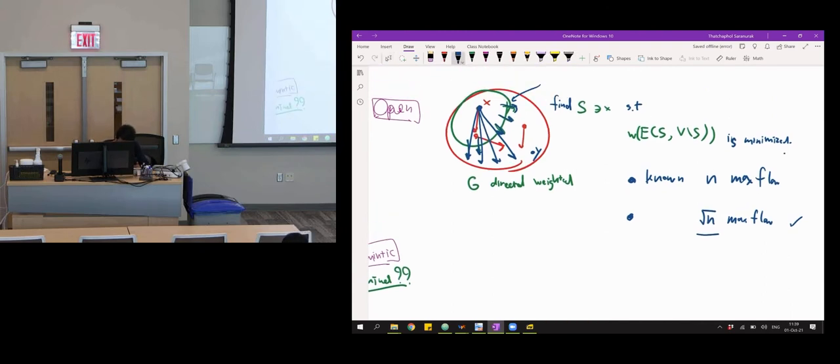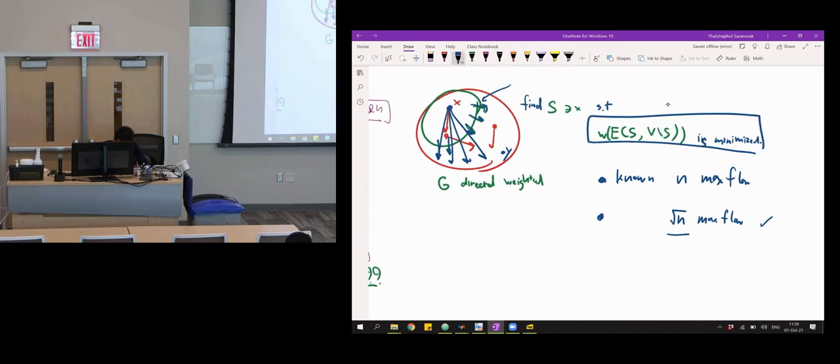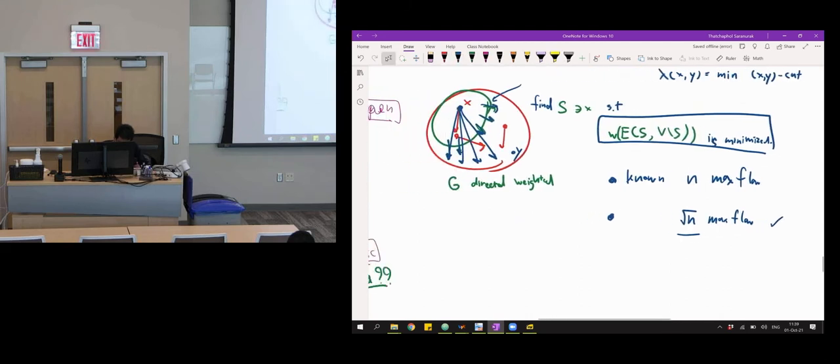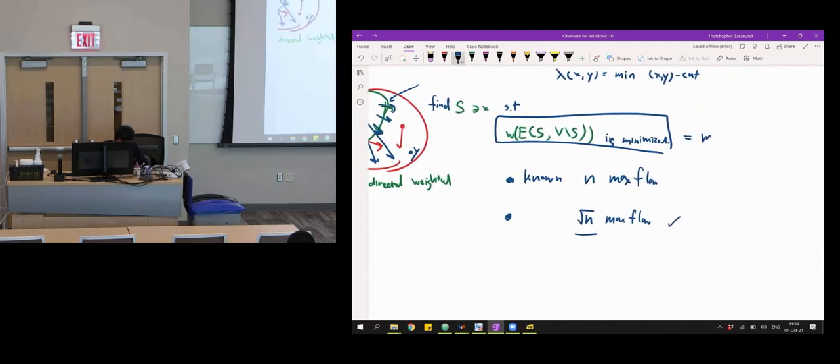This is the same thing as, let's say lambda x y is the minimum xy cut, and this is just the minimum over y not x of lambda xy.